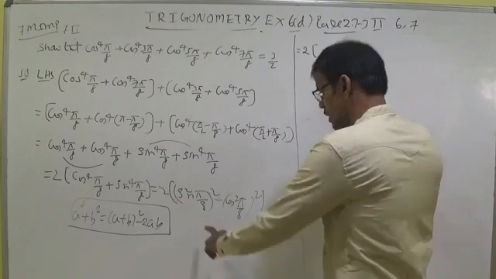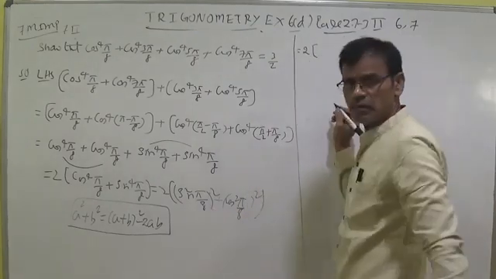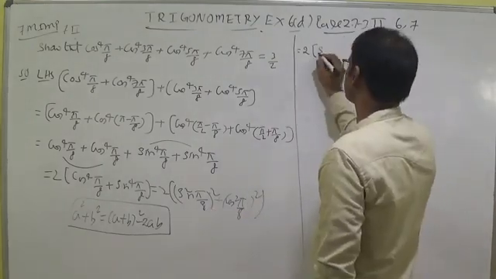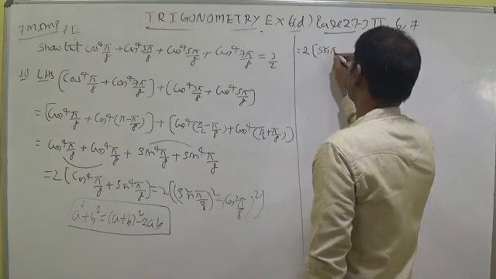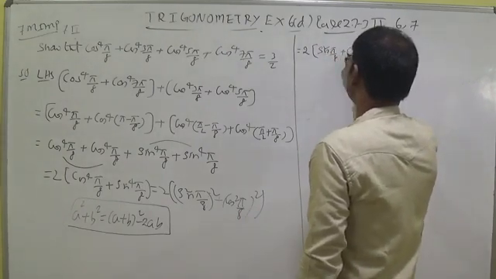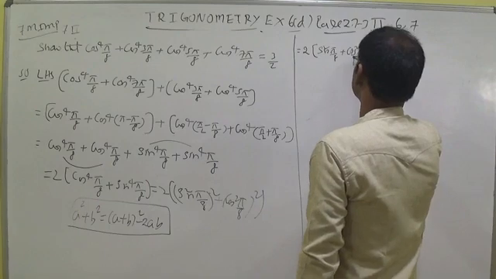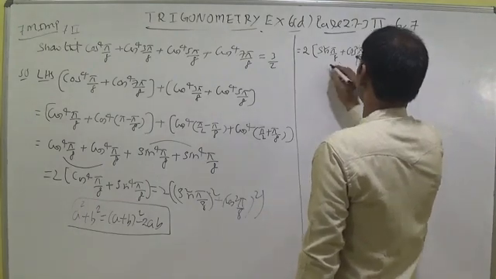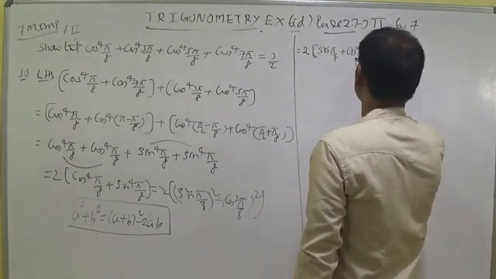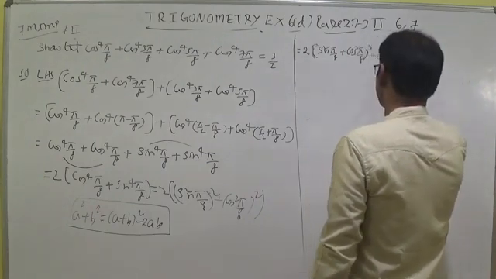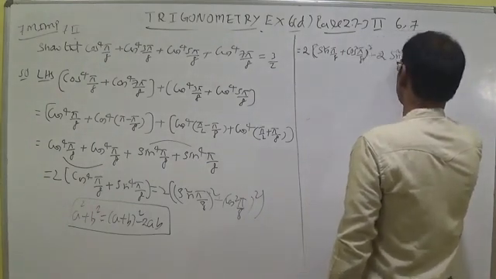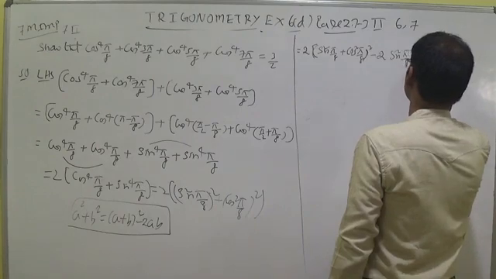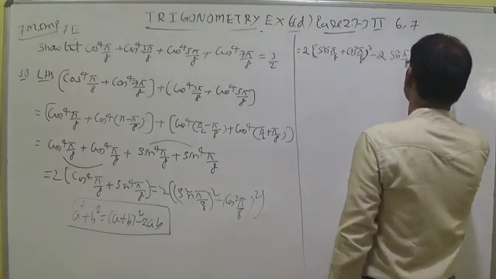Let here a is equal to sin square pi by 8 and b is equal to cos square pi by 8. Now write like this: sin square pi by 8 plus cos square pi by 8 total whole square minus 2ab, so it can be understood as 2 sin square pi by 8 into cos square pi by 8.